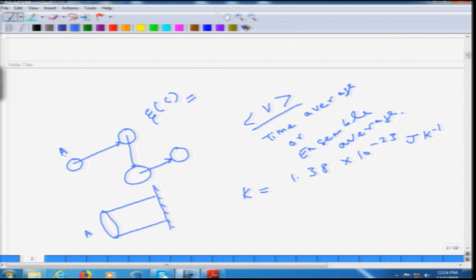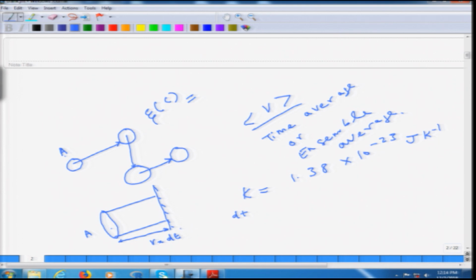The molecules coming from here, if the observation time interval in which we observe this collision process is dt, travel a distance toward the wall that is nothing but Vx dt.